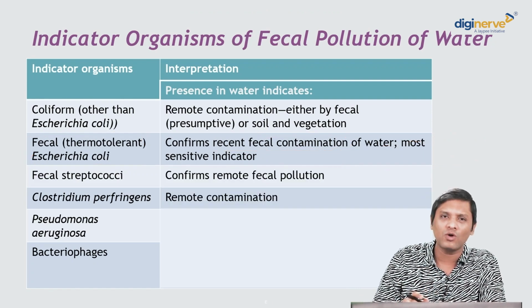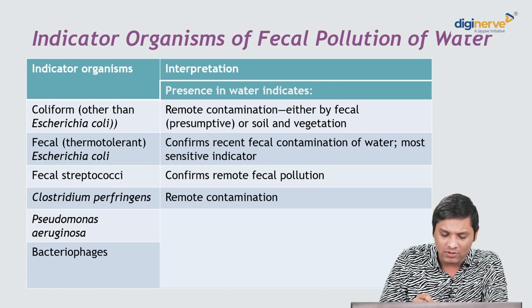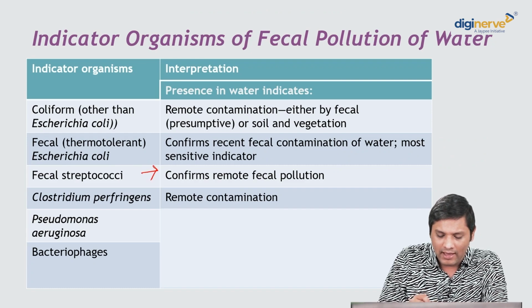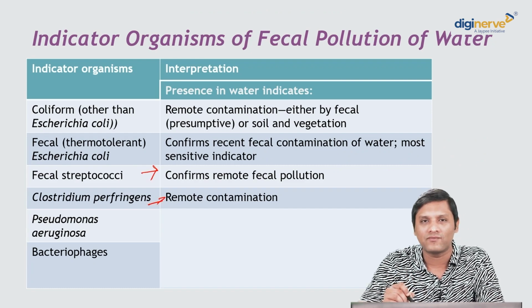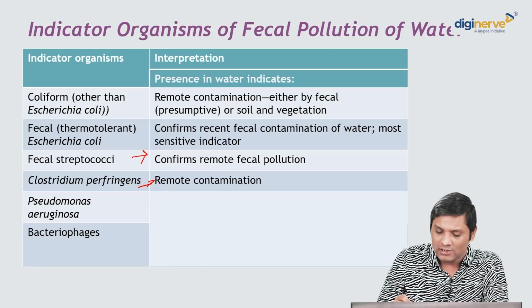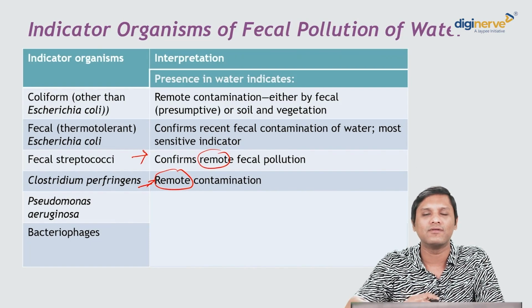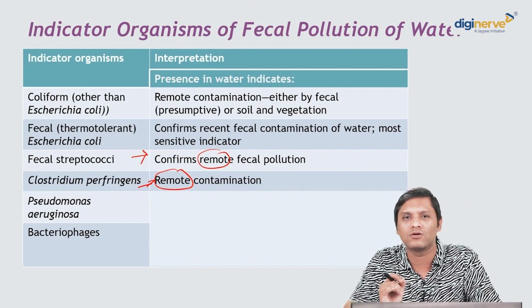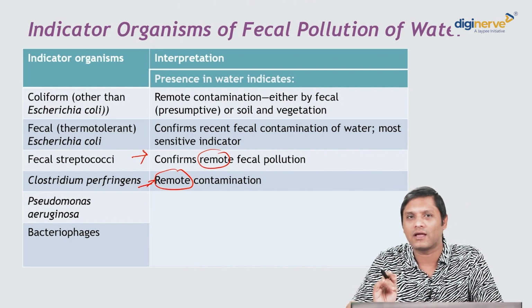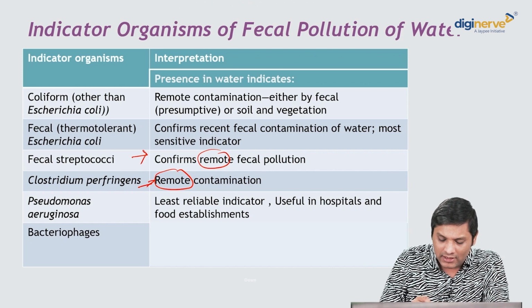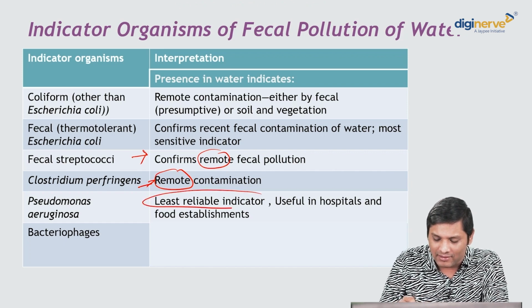Okay, the next indicator organisms include fecal streptococci and fecal Clostridium perfringens. These also may be present as commensals in the feces. So they will confirm again remote contamination. They will not be able to say anything about recent contamination. Okay, Pseudomonas aeruginosa is a least reliable indicator.